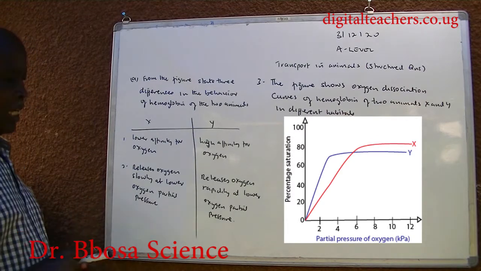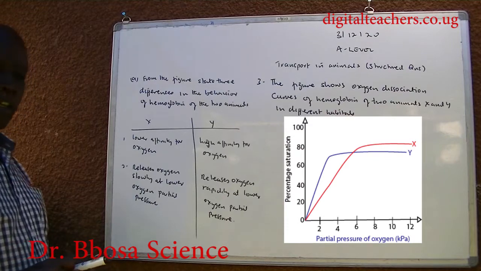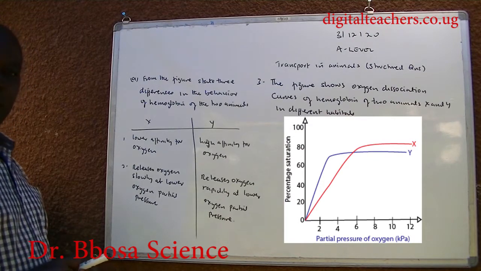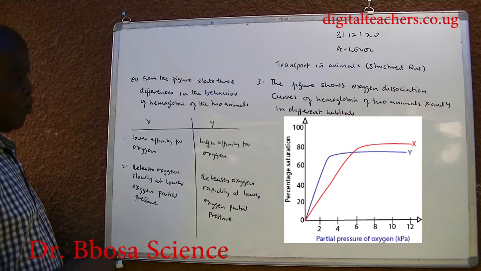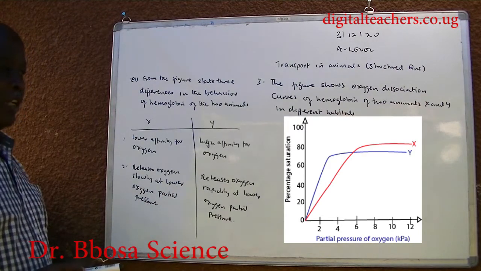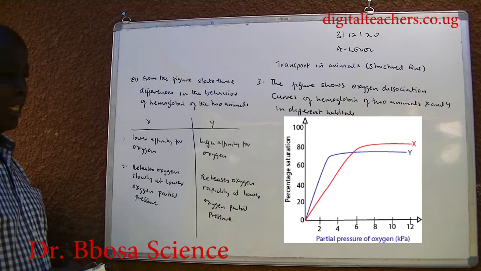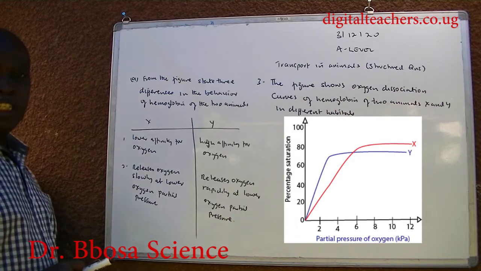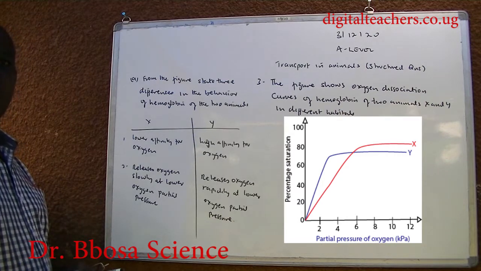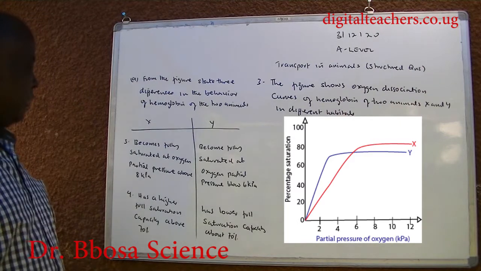2. X releases oxygen slowly at lower oxygen partial pressure, while Y releases oxygen rapidly at high oxygen partial pressures. 3.